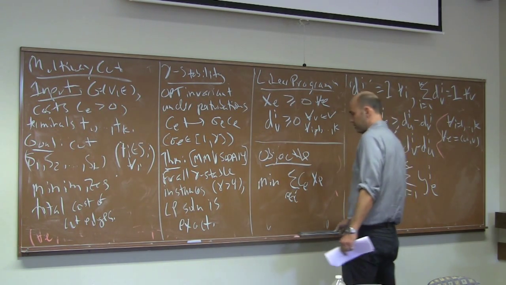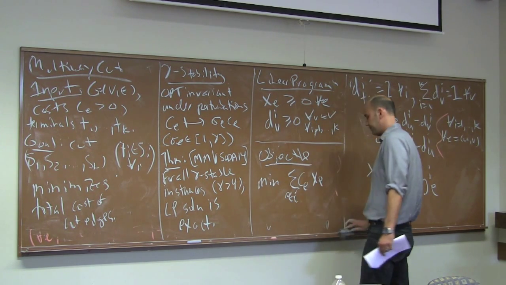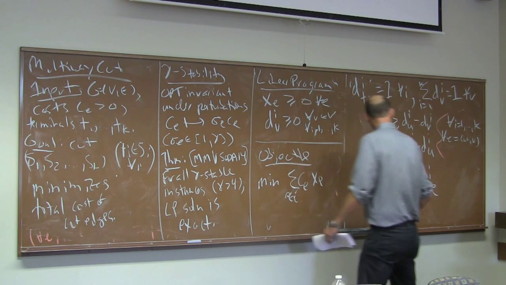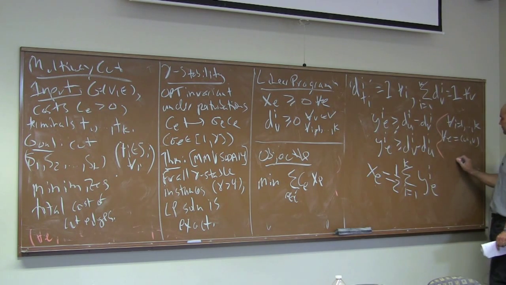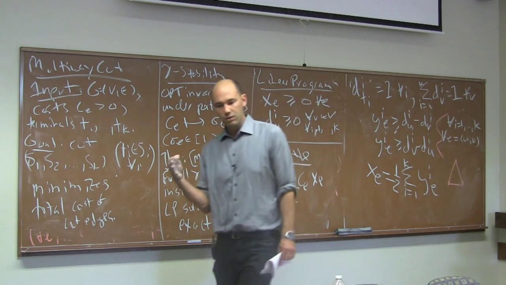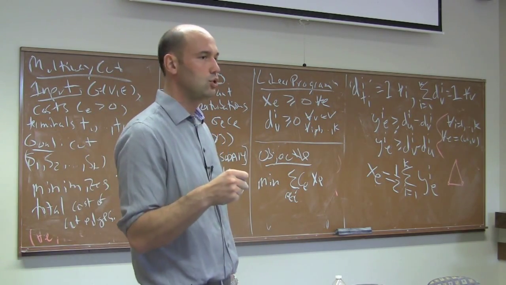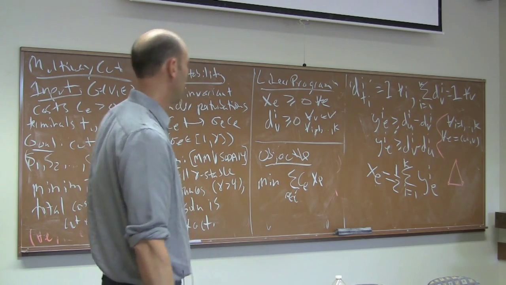I mean, another way you can think of this, which is maybe useful geometrically, is you can imagine that in this linear program, instead of assigning, so in the integer problem, in the discrete problem, you want to assign each vertex to one of the 3 groups. Okay?